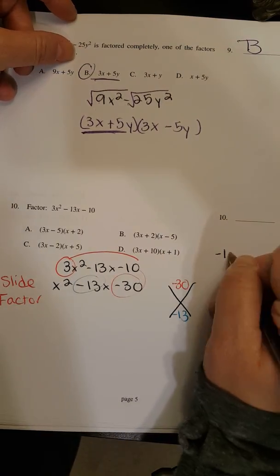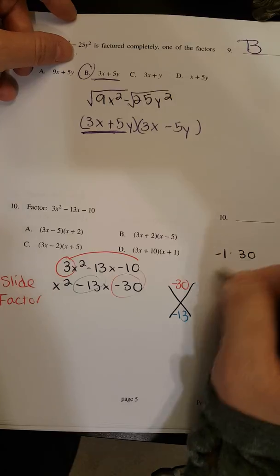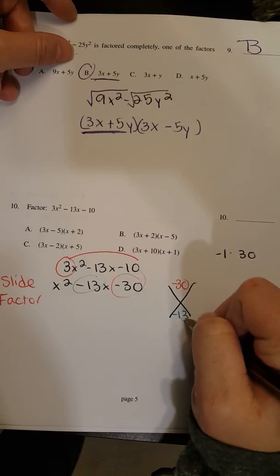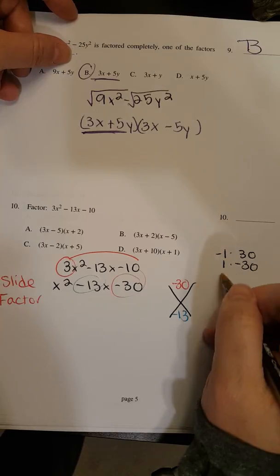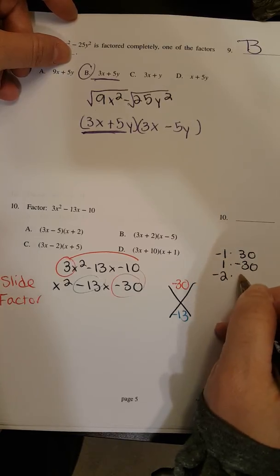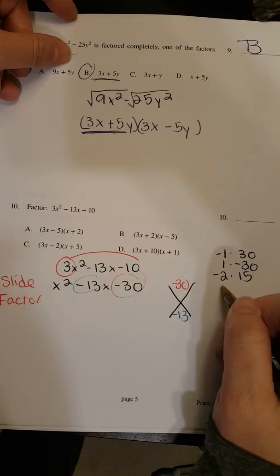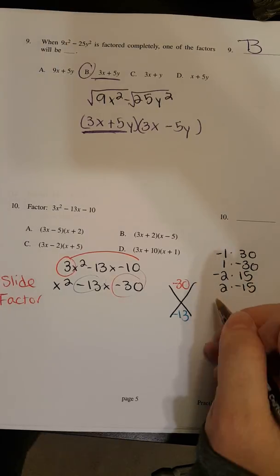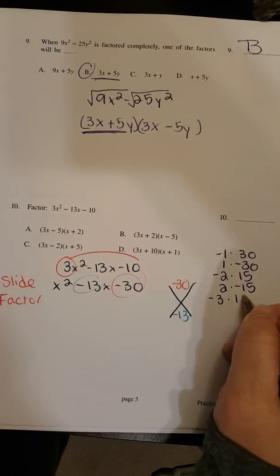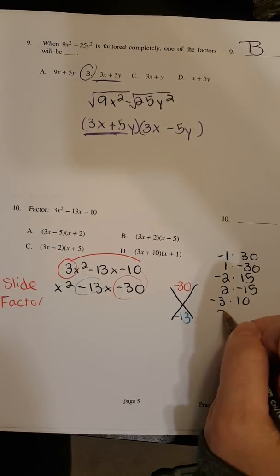So we could do negative 1 times 30. That multiplies to give us negative 30, but that does not add to give us negative 13. 1 and negative 30, same thing. Negative 2 times 15 gives us negative 30. 2 times negative 15 does as well. Negative 3 times 10. 3 and 10 make 13.